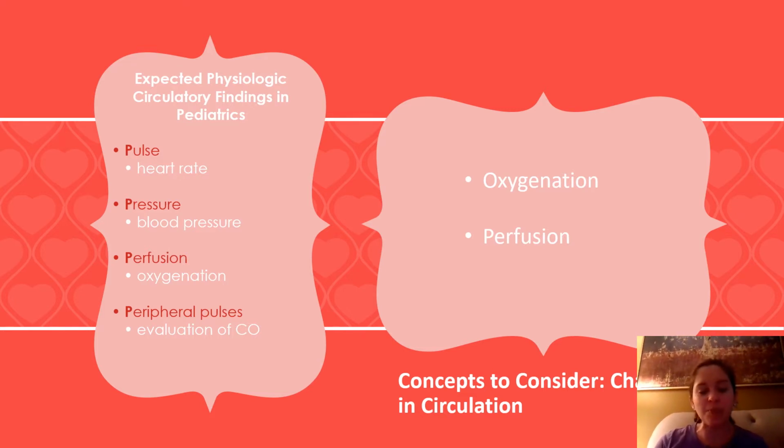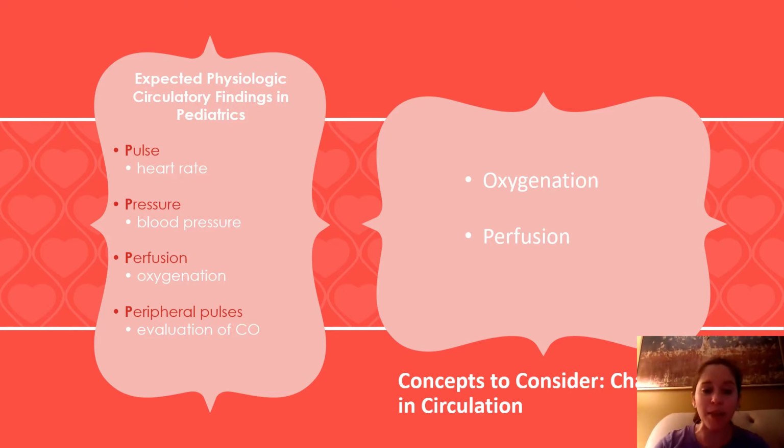Now, if you think about expected findings that we see in a pediatric patient in terms of our vital signs, like our blood pressure and our heart rate, what do we normally expect to see? It's really important that we know our normal so that we can identify when a patient is not normal. That's a significant flag that tells us the patient is abnormal.